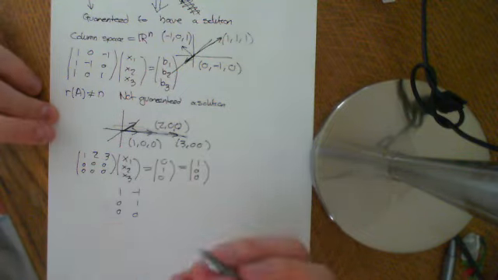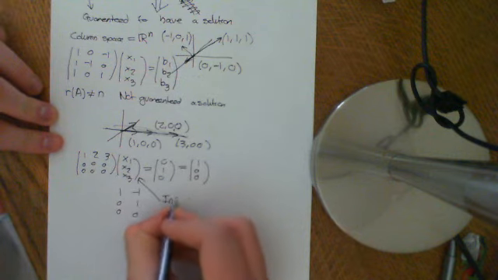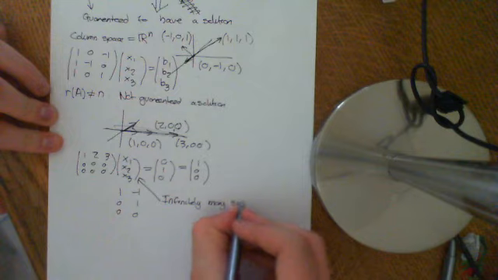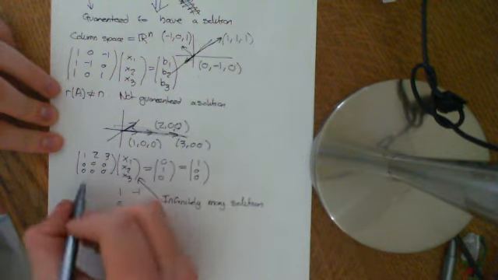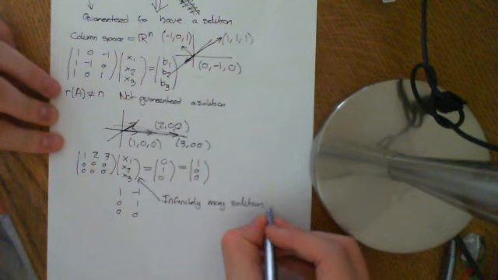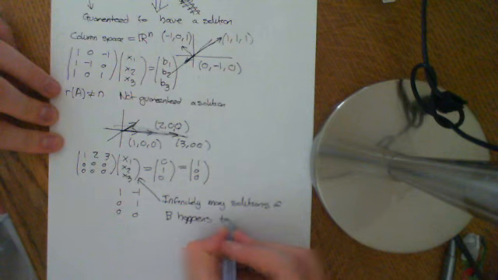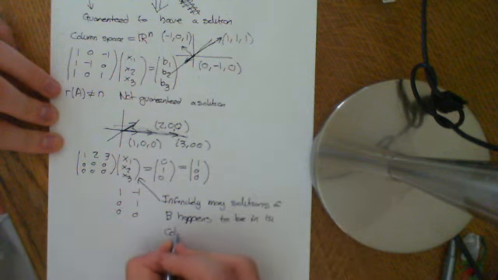In fact, there are infinitely many solutions if you happen to pick a b vector which is in the spanning space of these column vectors, in the space spanned by the column vectors, which is the column space.